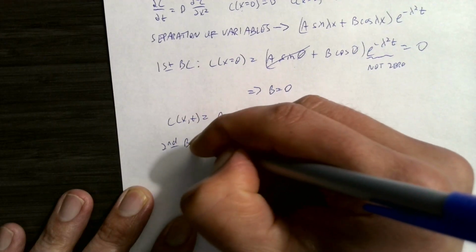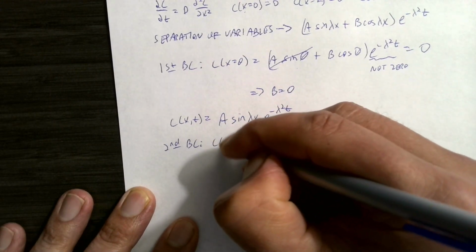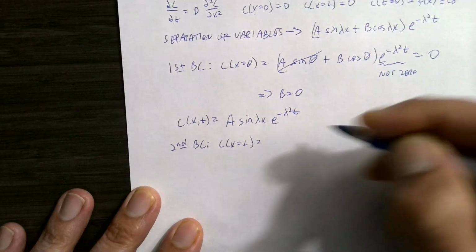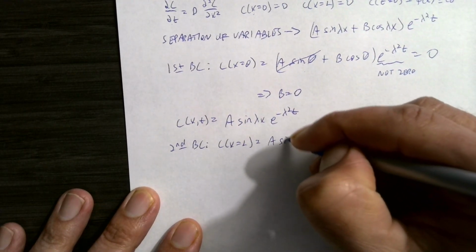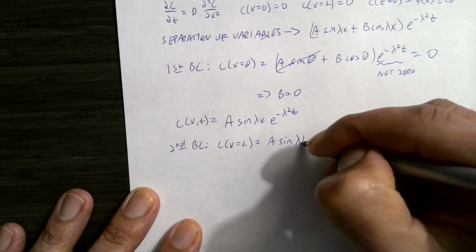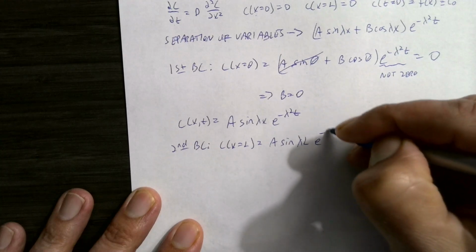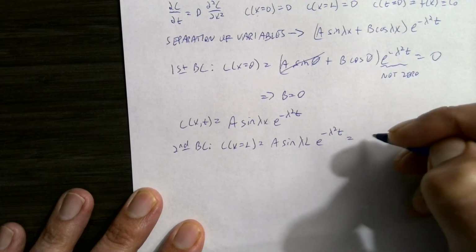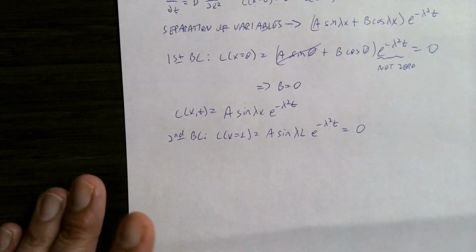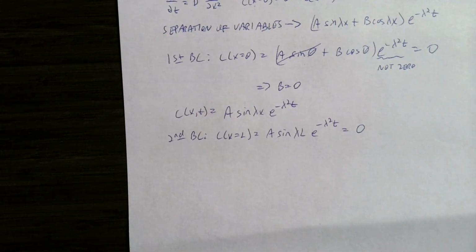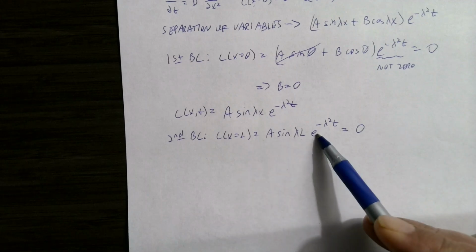Second boundary condition. c at x equals L is equal to a sine lambda L, so if I put the L in for x, times e to the minus lambda squared t, and that needs to be equal to 0. Okay, so we've got three things here multiplied by each other.